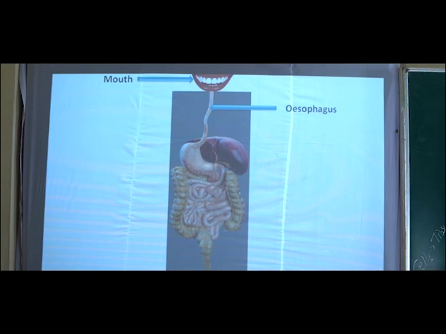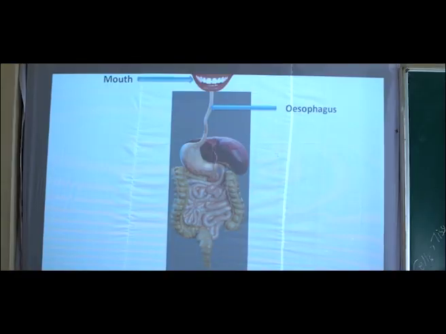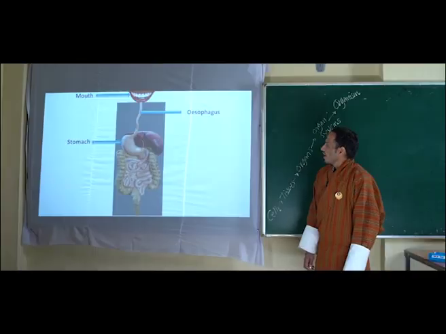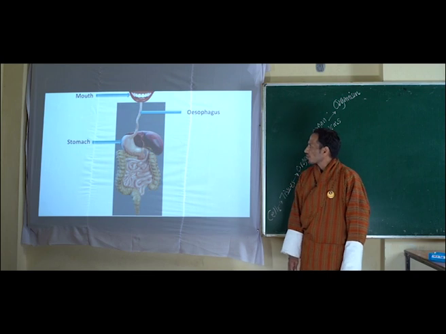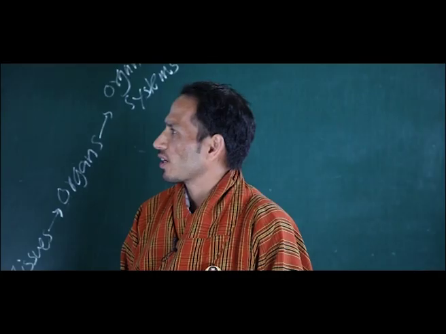So next we have the esophagus. So esophagus is like a bridge between the mouth and the stomach. It helps the food to transport from the mouth to the stomach. And next we have the stomach. The food is carried from the mouth to the stomach with the help of esophagus.